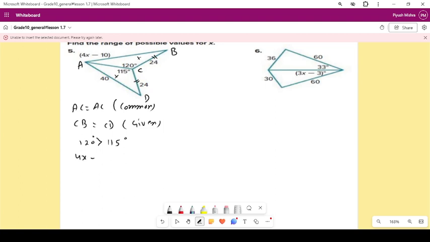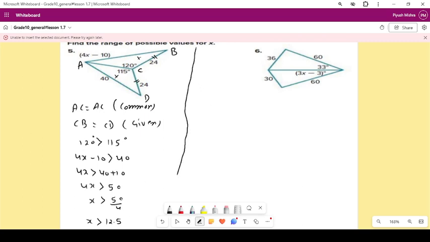So 4x minus 10 will be greater than 40. Further solve it. So 4x is greater than 40 plus 10, 4x is greater than 50, or I can write x is greater than 50 by 4, or x is greater than 12.5. So this is going to be our answer for this question.